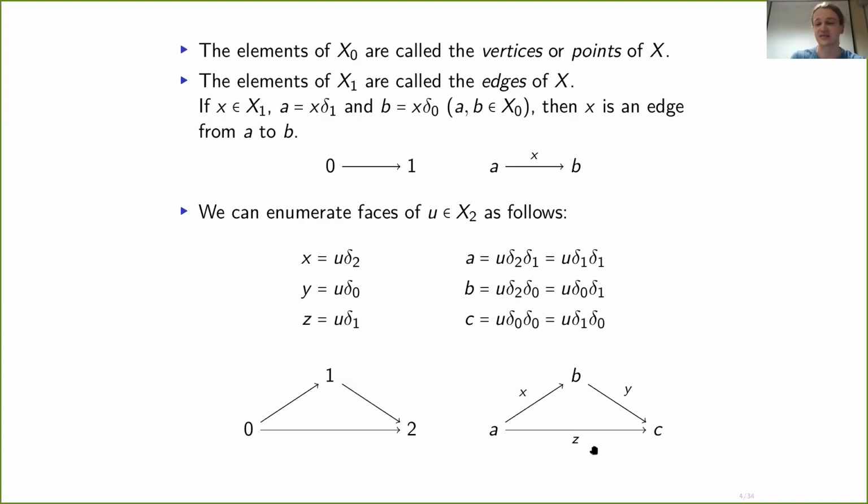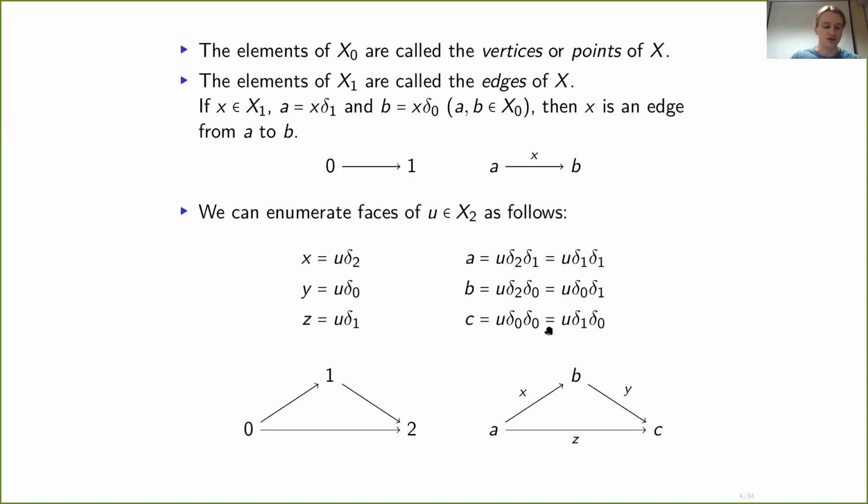For example, x and z have to begin at the same vertex A, which is expressed by these identities here.